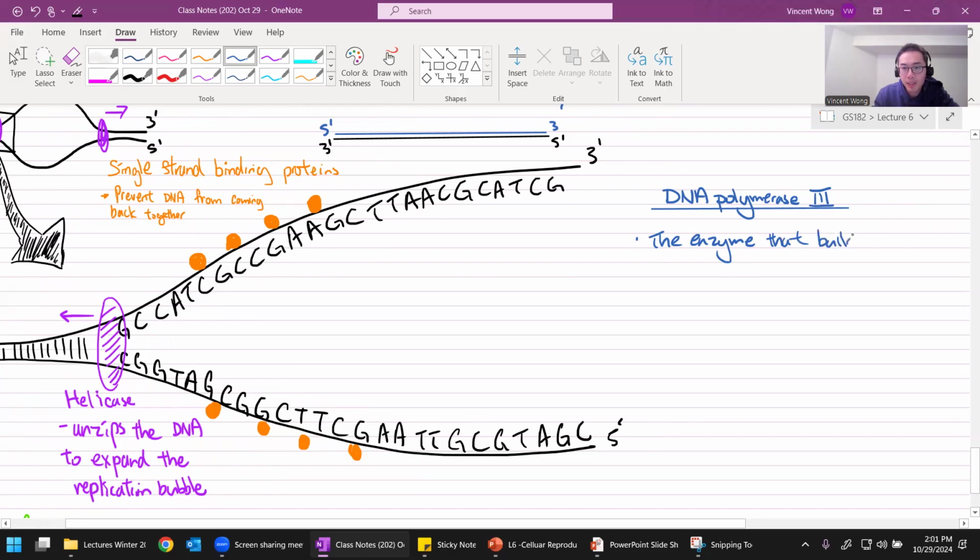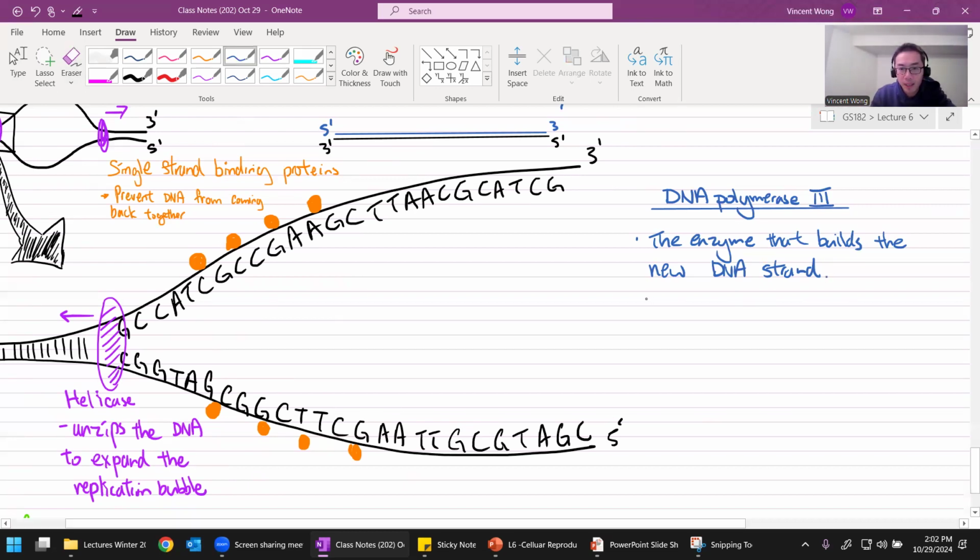This is the enzyme that builds the new DNA strand. Remember, this is the semi-conservative model. So you separate the two pink strands, so to speak, and then you're going to put new blue ones on, right? Something has to build that blue strand. That something would be the DNA polymerase 3.